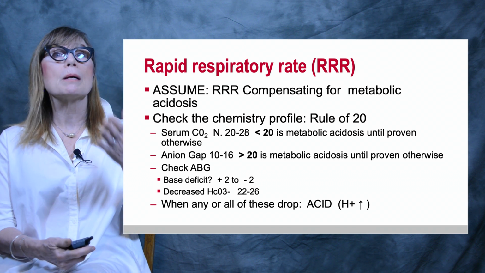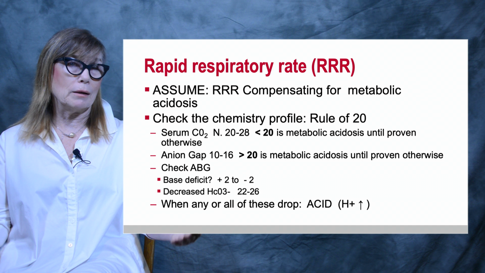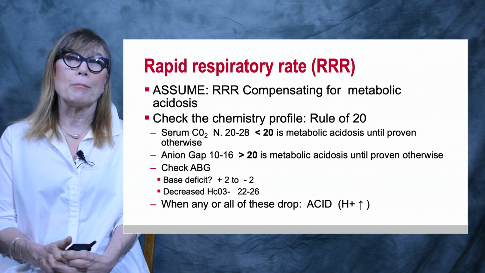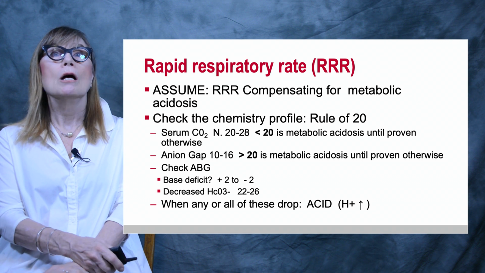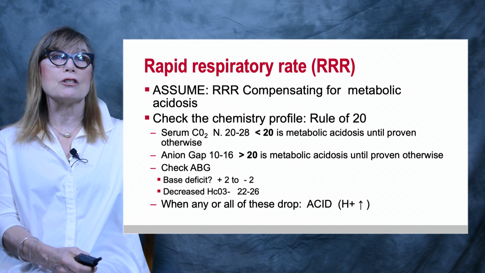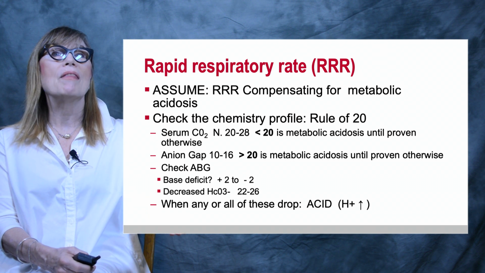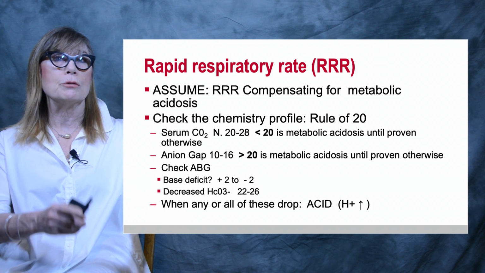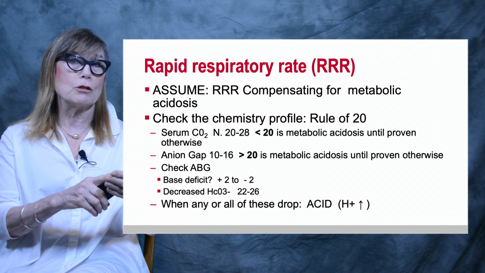Now, there are some simple strategies that we can apply here that we're going to talk about more later. What I want you to remember is the basic rule of 20. Total serum CO2, which is on your chemistry profile, if it's lower than 20, that indicates metabolic acidosis, and the rapid respiratory rate should be assumed to be compensatory for that.